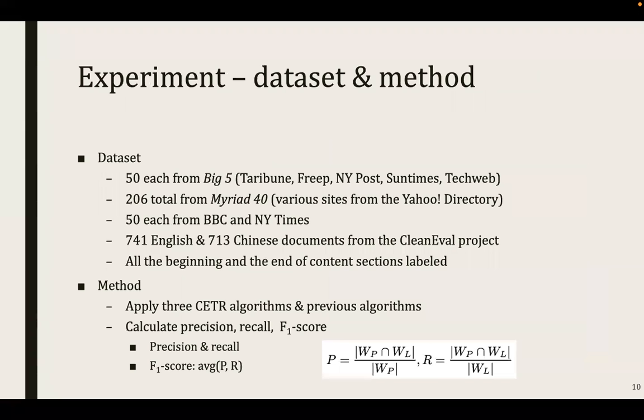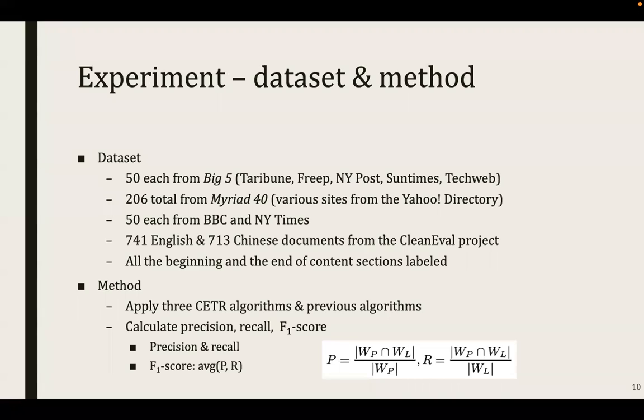So with the final version of Cedar confirmed, the authors move on to testing the three methods, along with the previous method, they want to compare all the methods to find out if the Cedar algorithm can meet the expectation of having the best performance. So they collected website documents from various sources, and they also chose some Chinese documents to see if Cedar can function well on different languages.